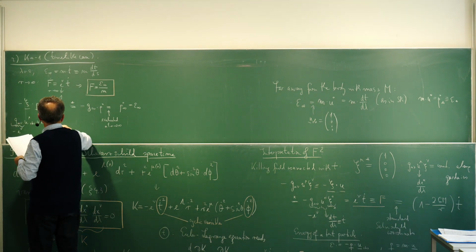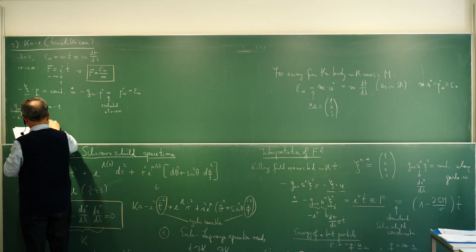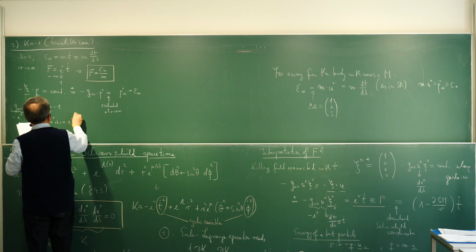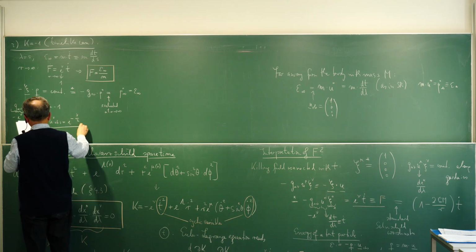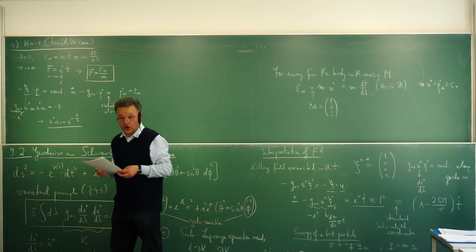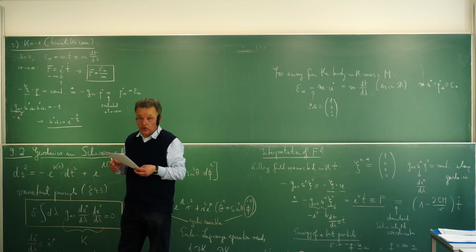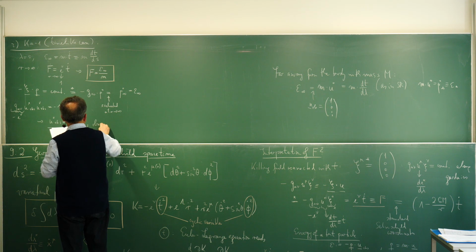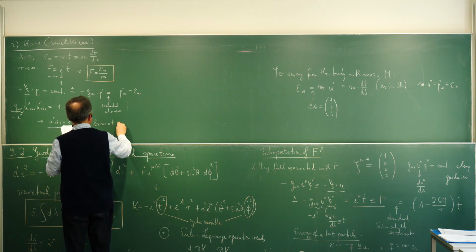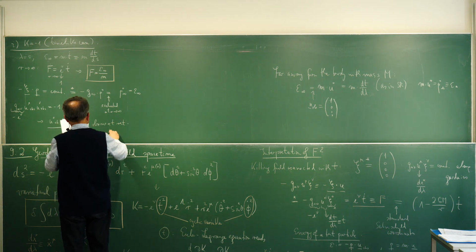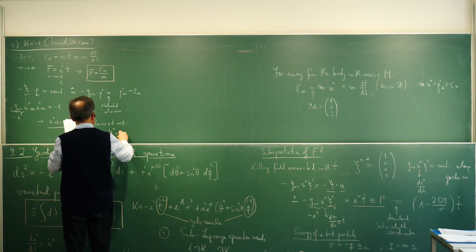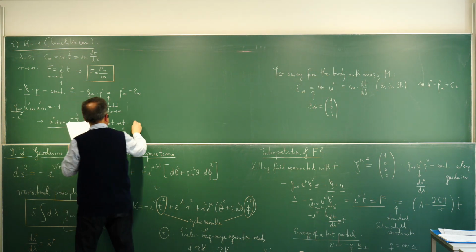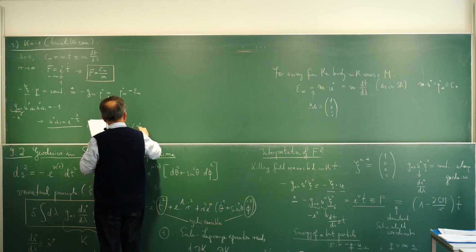So from this, you get that u0 observer is e to the minus nu over 2, if we assume the observer at rest, so that the observer only has a temporal component.